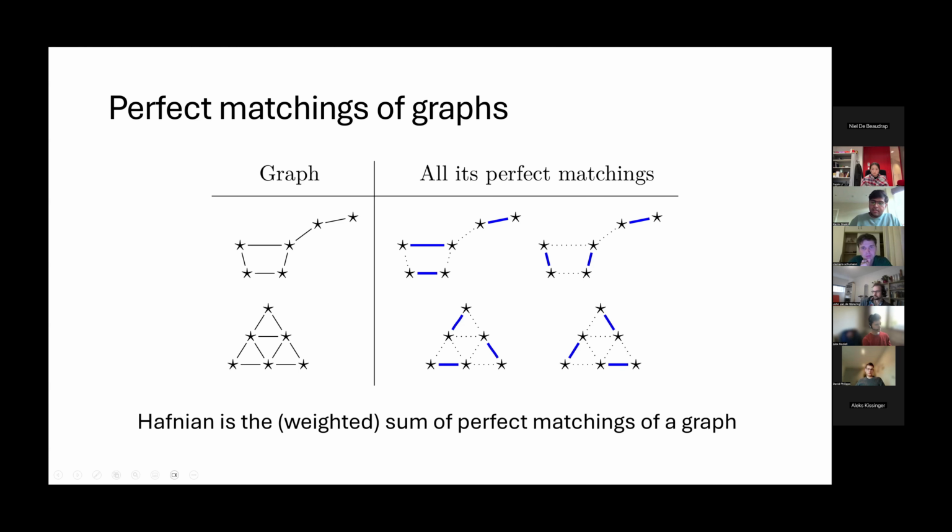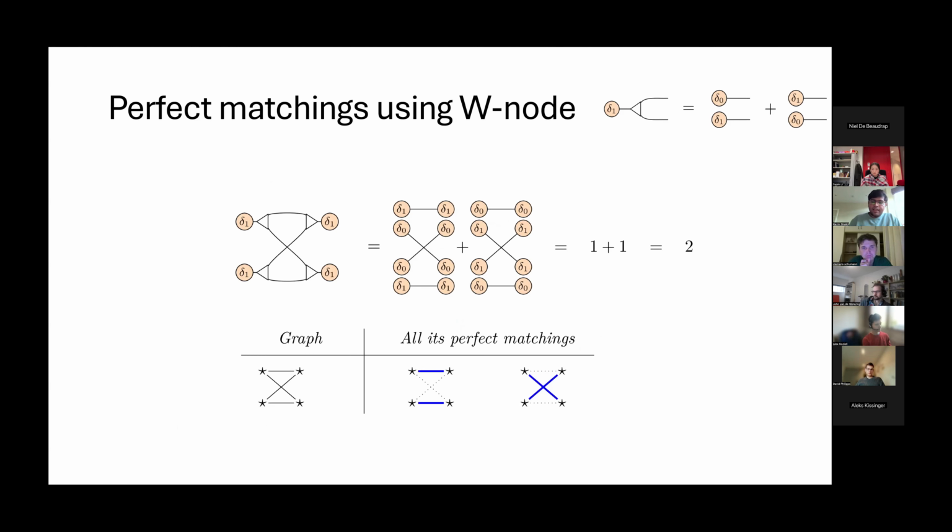Now, in the ZX calculus, we have a very nice way of representing these perfect matchings. If you take any graph, you can translate it to the ZX calculus by replacing all the vertices with W nodes that are post-selected on ket1.